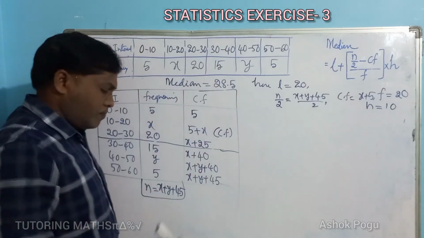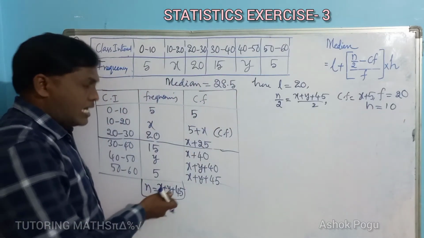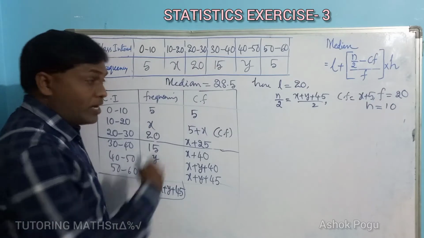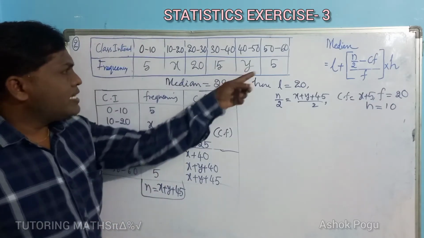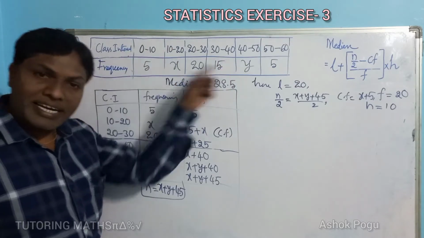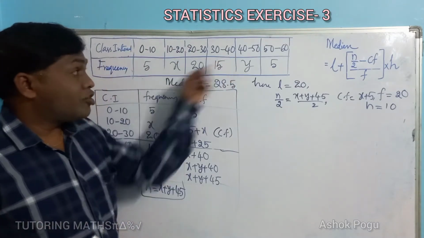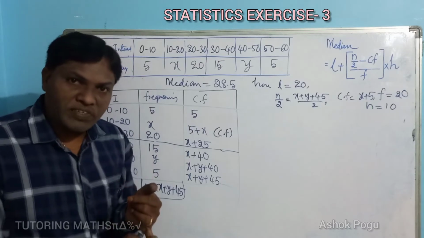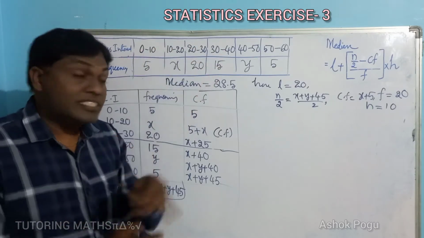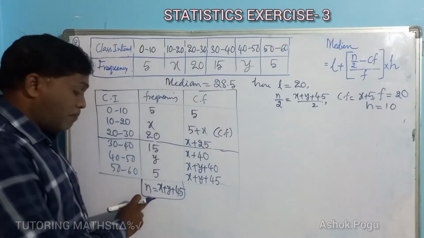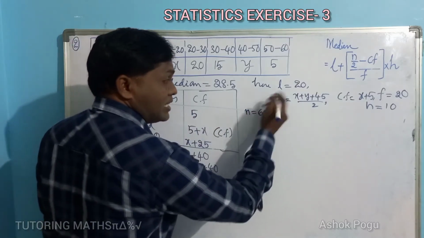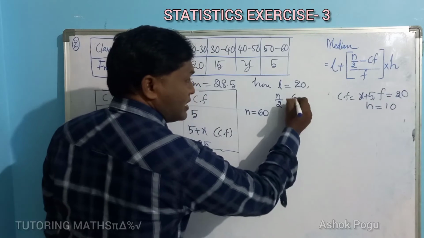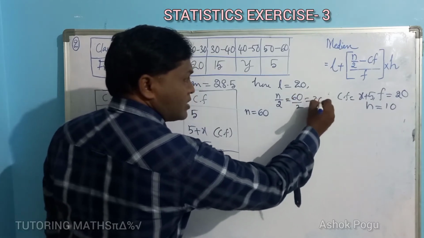First of all, 28.5 is the median. But here, how many observations is the data? This is the data of 60 observations. Therefore, total number of observations is 60, and 60 by 2 is 30.